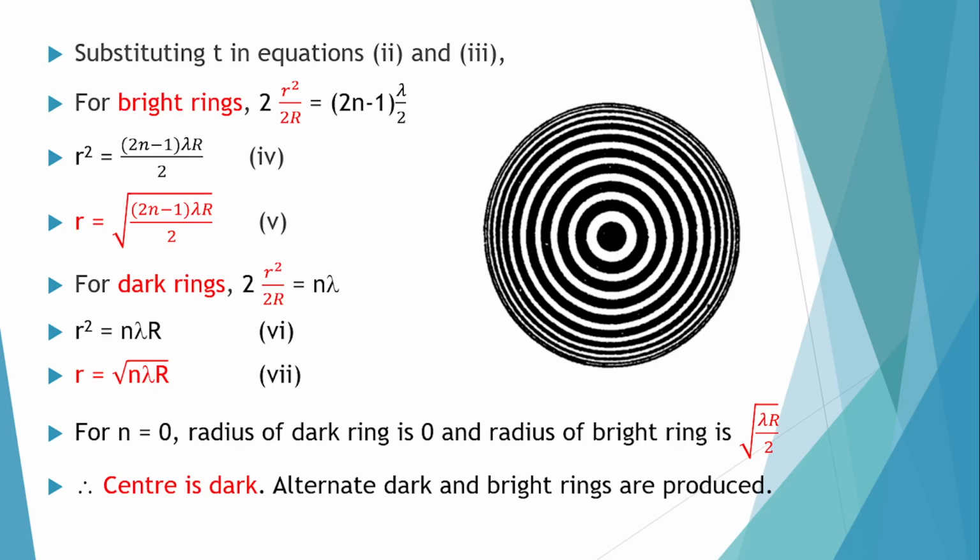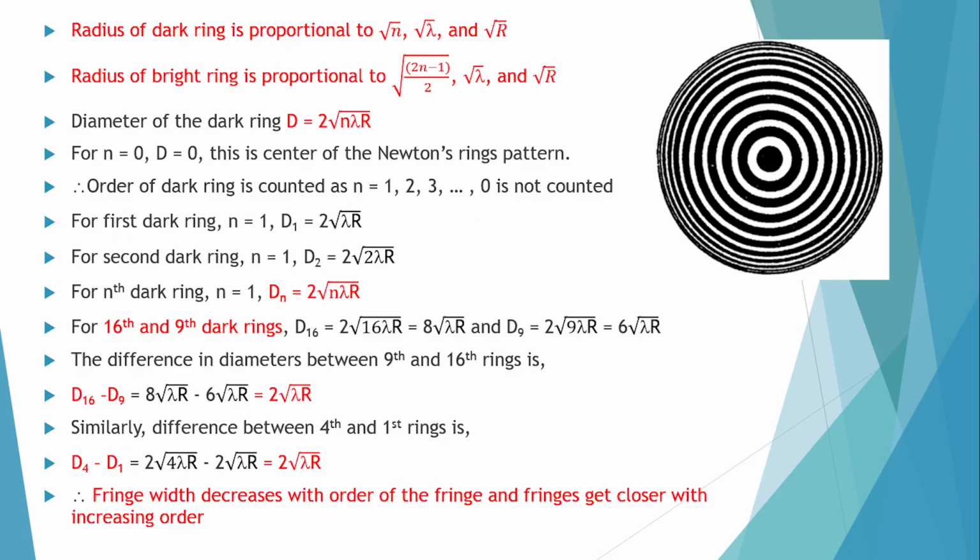Now, looking at the formula, we find that the radius of the dark ring is proportional to 3 different parameters. That is directly proportional to square root of n, directly proportional to square root of lambda, the wavelength, and directly proportional to square root of capital R, the radius of curvature of the plano-convex lens.